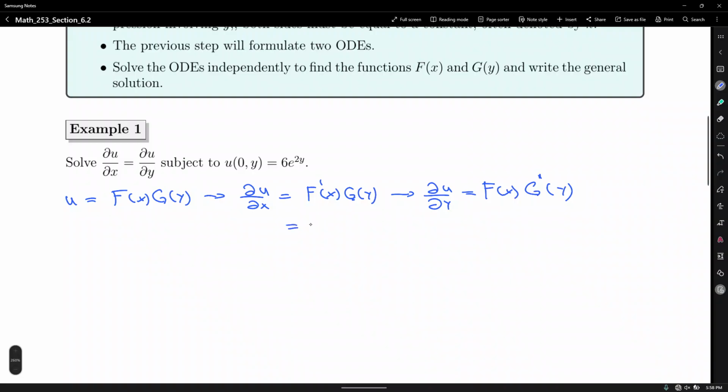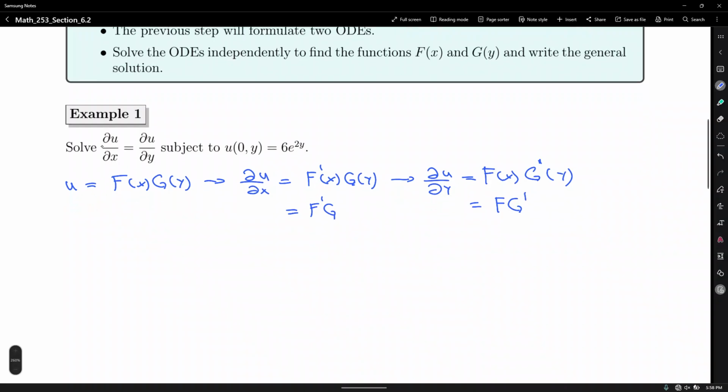So this is the same as saying f prime g, and this is the same as saying f g prime. You guys agree with this? Much better, much shorter. All right. Okay. Substitute into the PDE.